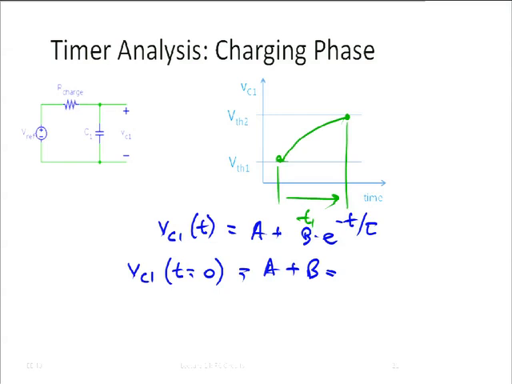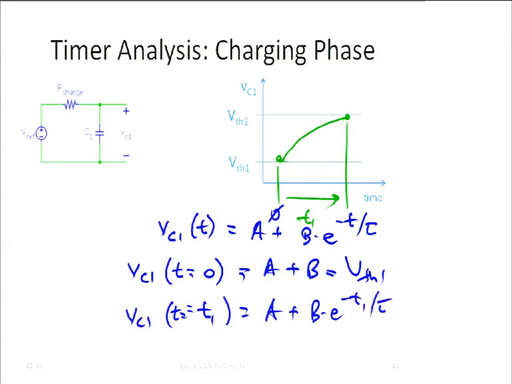At t equals 0. This is V threshold 1, right? Okay? So then VC1 of t equals t1 is equal to a plus b times e to the minus t1 over tau, and that is equal to V threshold 2. Right? Make sense?